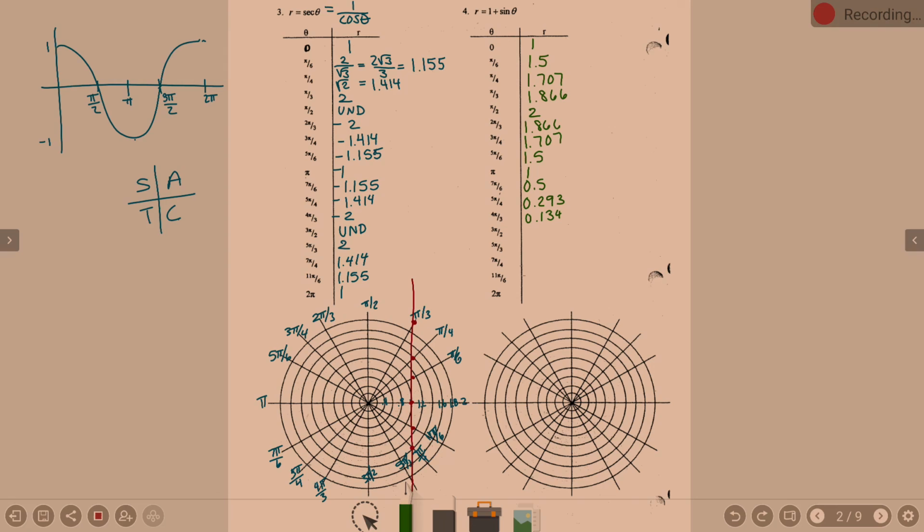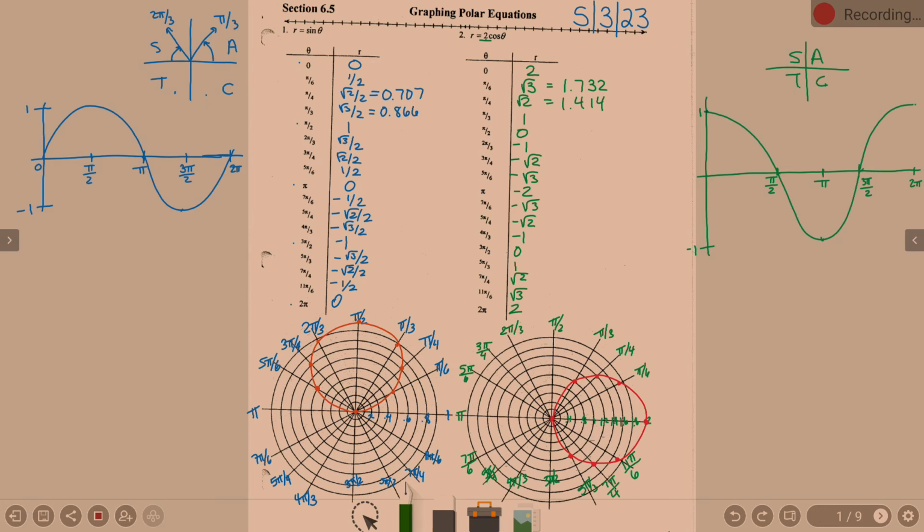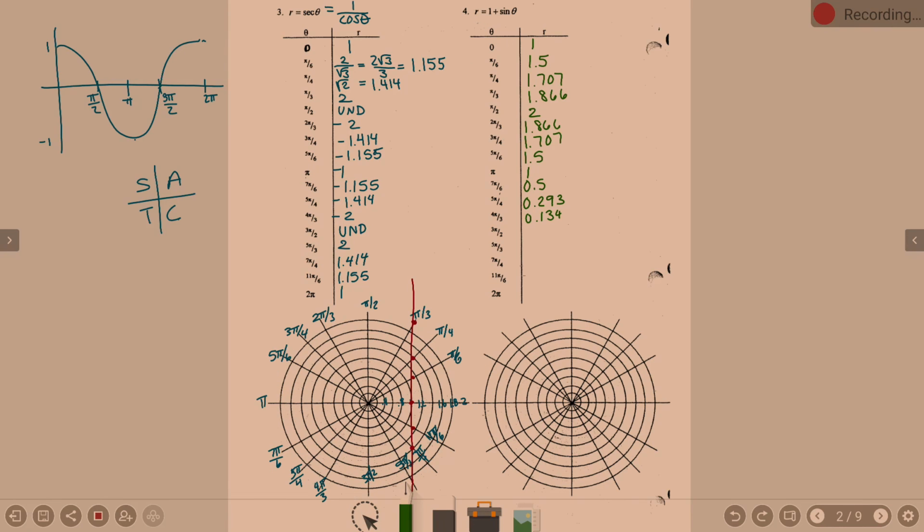Sine of 3 pi over 2 is negative 1. And so when you add 1, you're at 0. Now, can I repeat here? 5 pi over 3 is going to be the same as 4 pi over 3 because we're in another negative quadrant, right? So 0.134, 0.293, 0.5, and 2 pi is going to be the same as what we had at 0, which was 1.